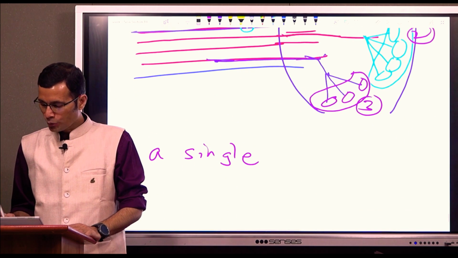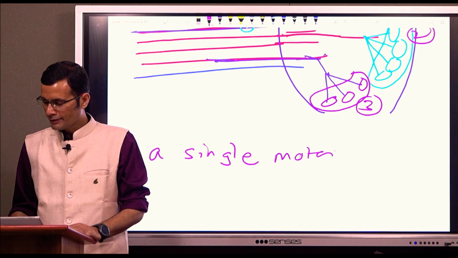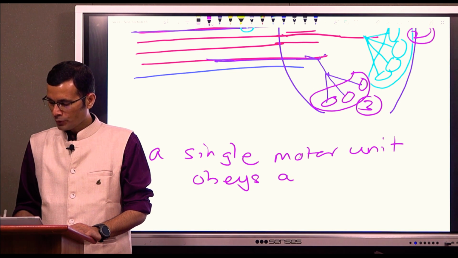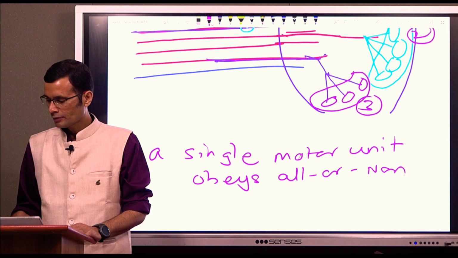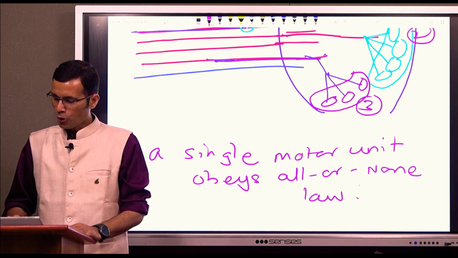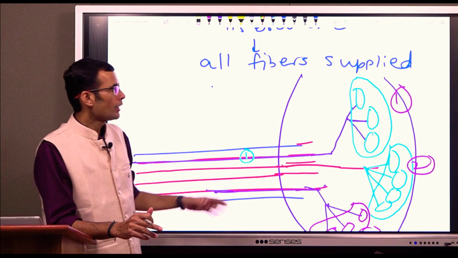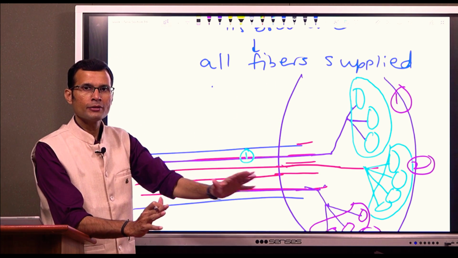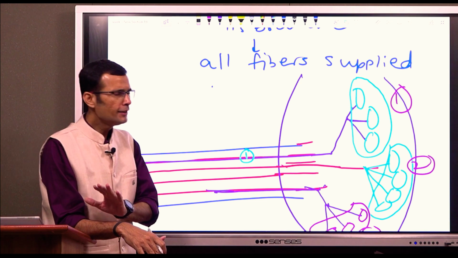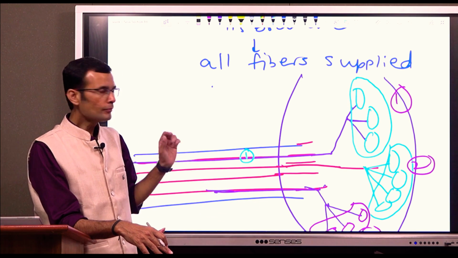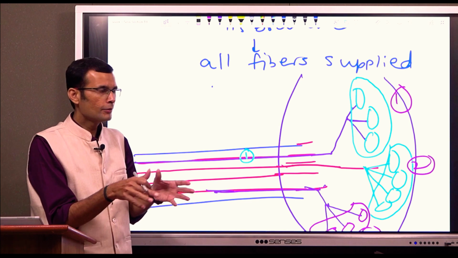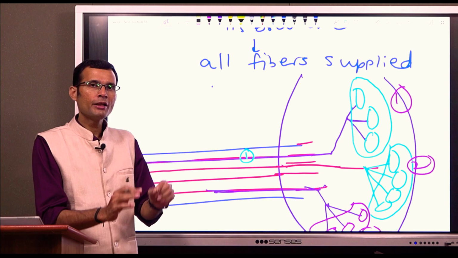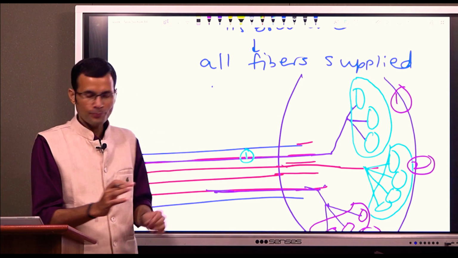Now, a single motor unit obeys all or none law, all or nothing principle. All or nothing principle means either all the fibers in that motor unit will be contracting together or none of them will be contracting. See, there is nothing in between. So, a single motor unit obeys all or none law.